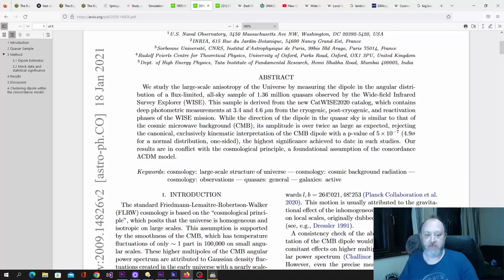Our results are in conflict with the cosmological principle, a foundational assumption of the concordance lambda CDM model.